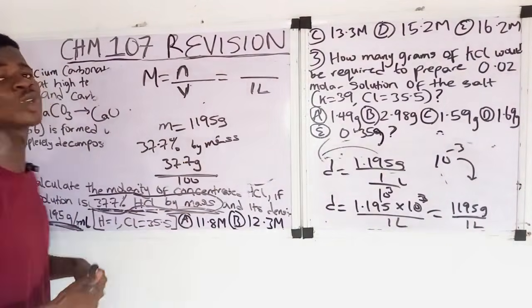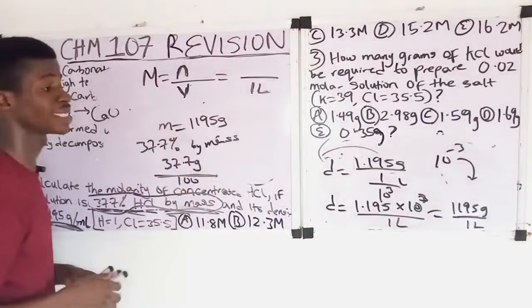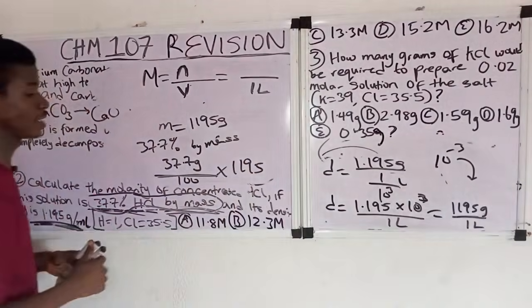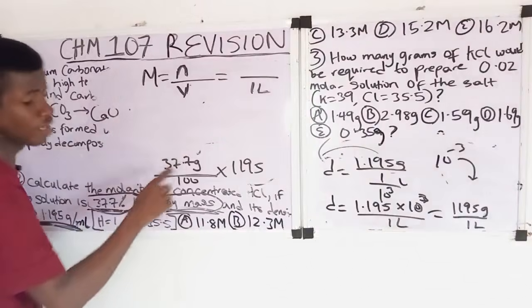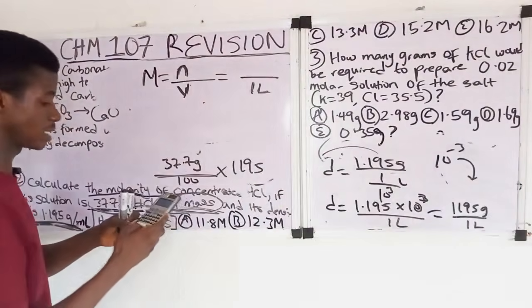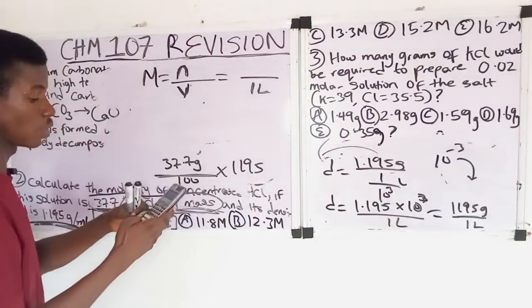Then don't forget, the mass of the whole solution is 1195, so times 1195. If we do everything, we get 37.7 times 1195, then divide by 100.